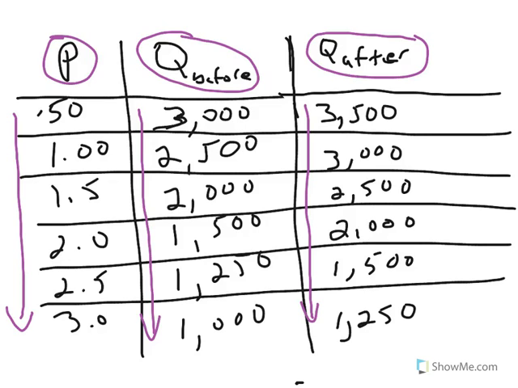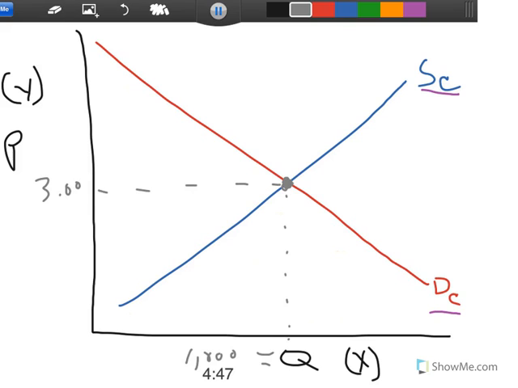$250. Now, if we take this schedule and overlay it with our previous supply and demand graph, this is the combination or the graphical representation of our quantity before table, where this is $3, this is 50 cents.